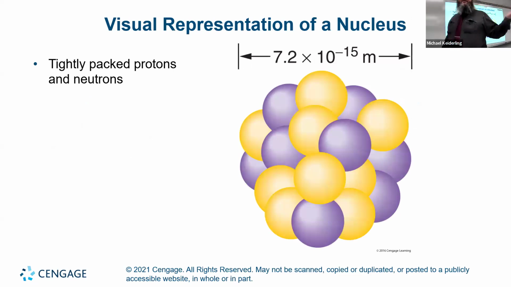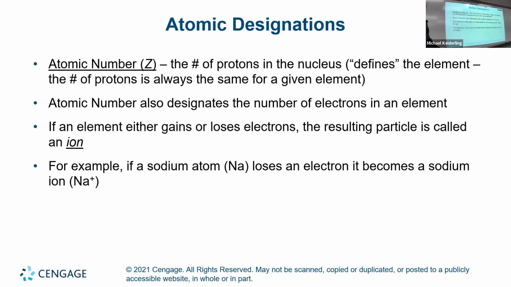So this is a visual representation of a nucleus. It's a bunch of protons and neutrons packed together in a tiny, tiny space. And the way we describe a nucleus, we use 2 numbers. There's the atomic number, which is the number of protons in the nucleus.